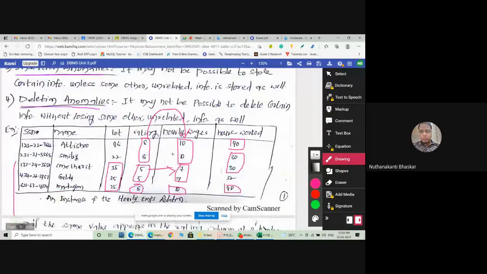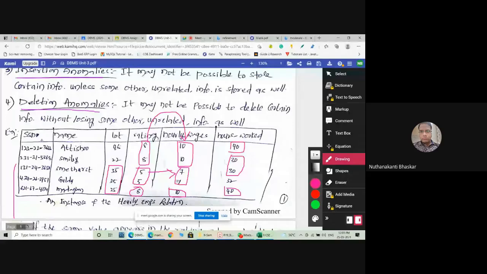Here I will show you. In this table, what is the functional dependency? Hourly wages depending on rating.